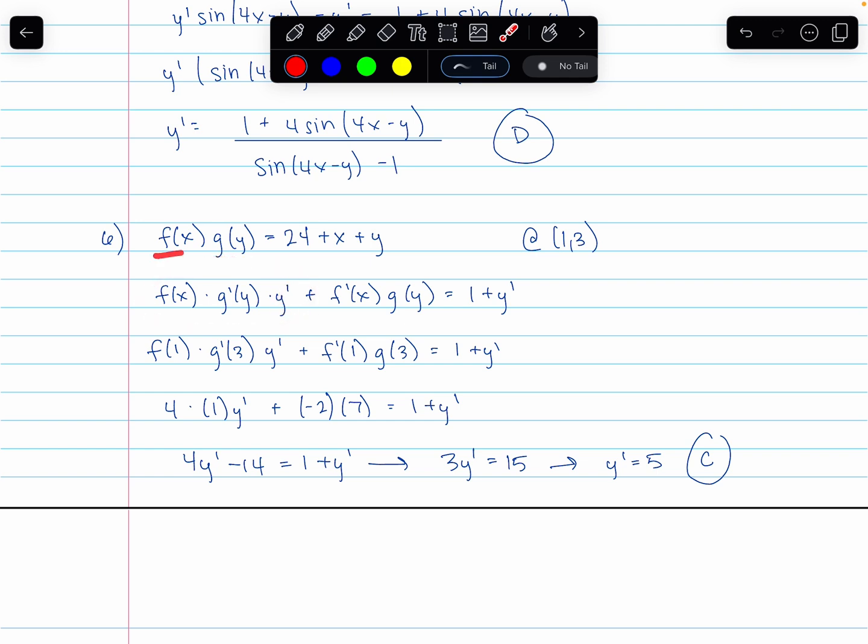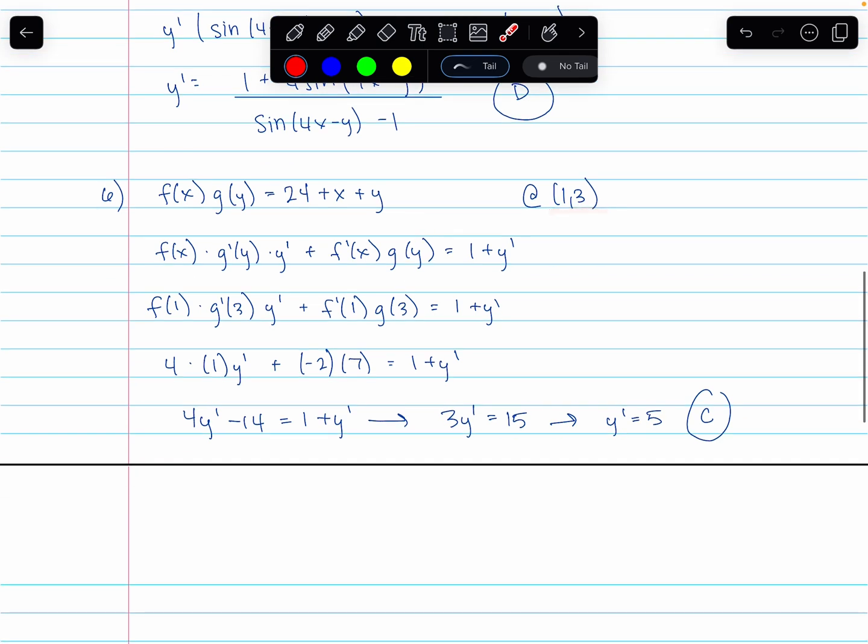So I do the first times the derivative of the second, plus the derivative of the first times the second. Then I go over here and I take the derivative of 24, which would be 0, the derivative of x, which is 1, derivative of y, which is y prime. And then I'm just going to start plugging in these values. So I'm evaluating the derivative of this at (1, 3).